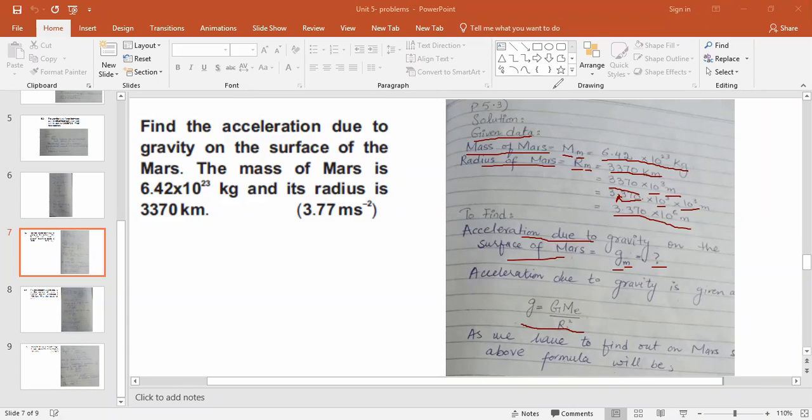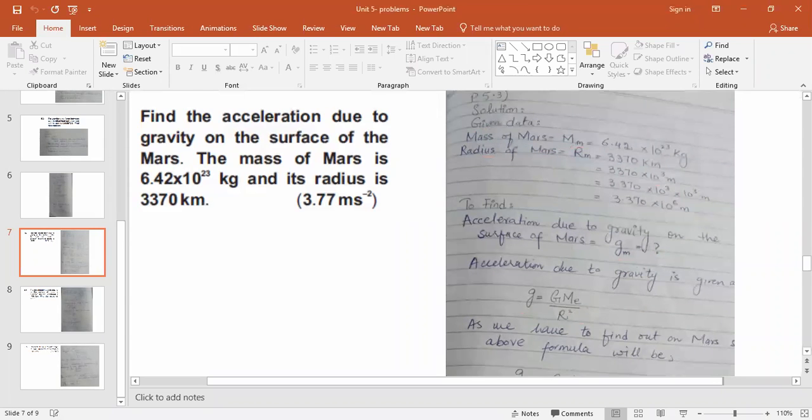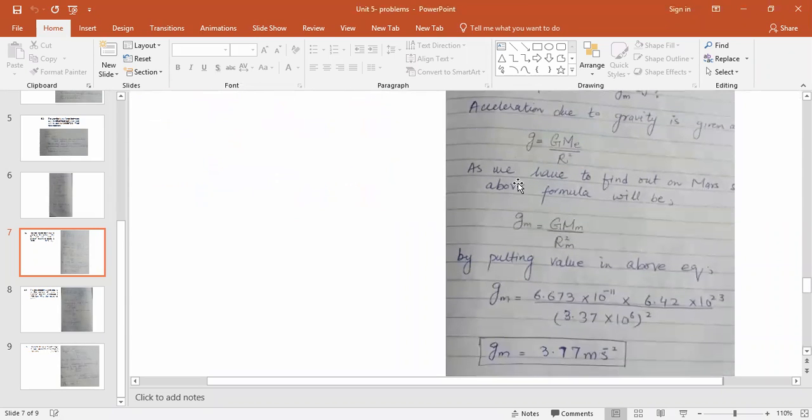So when we find out on Mars, what we have to do, we just change the formula, and where there is the Earth, we just replace it with Mars, right? So the formula will be this one. You see over here, this is the formula for Earth, and now we have to find out on Mars.